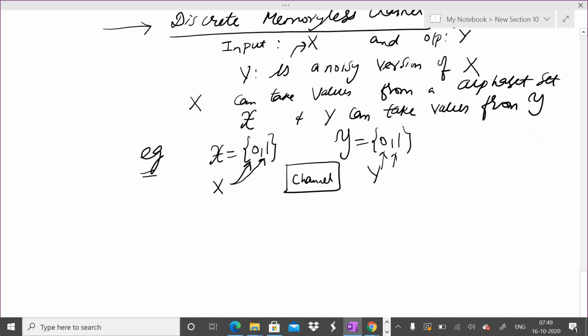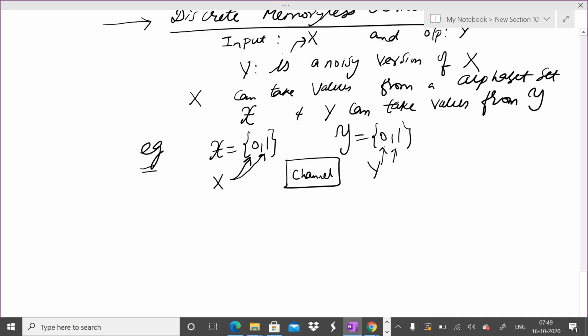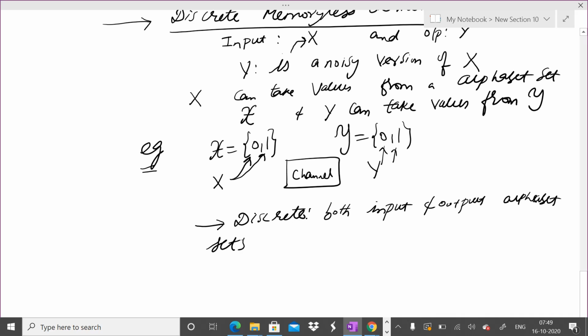First of all, the reasoning for why it is called discrete. This channel is called discrete for obvious reasons, because both input and output alphabet sets, x and y, have finite size, right?